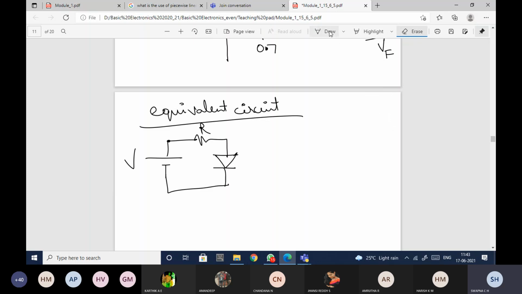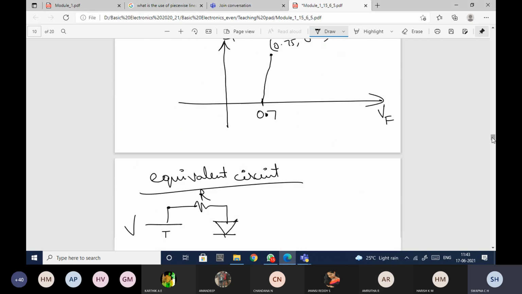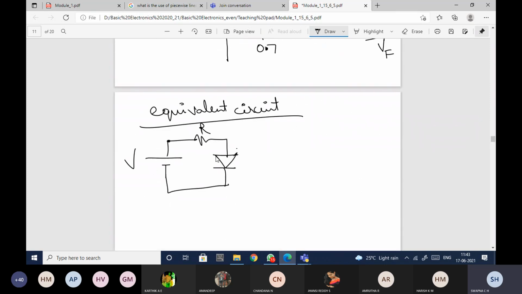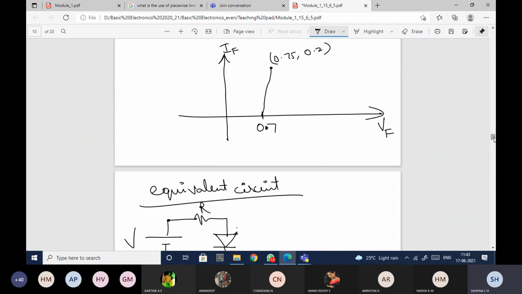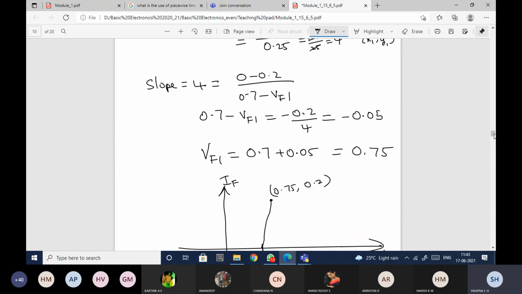Okay, so just come back here. This is a diode. When we were drawing the piecewise characteristics, you need to approximate the circuit with a piecewise linear equivalent circuit. We have to check what parameters we need to consider.